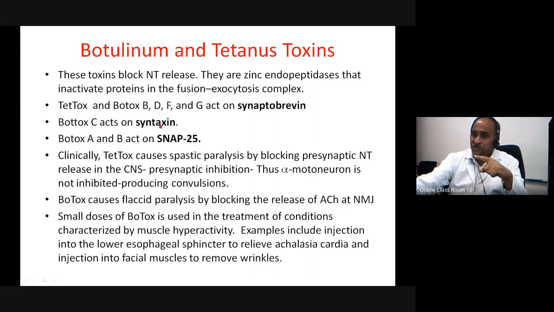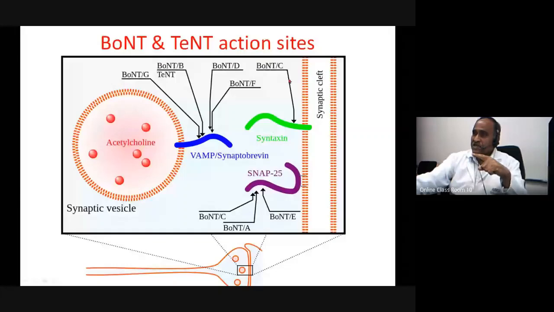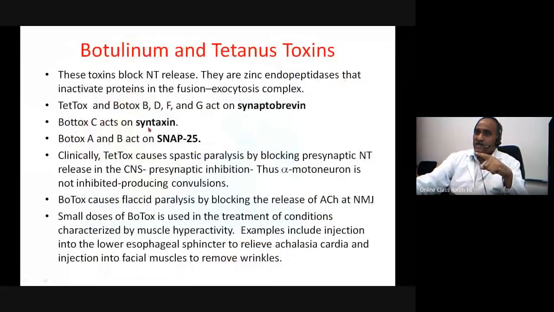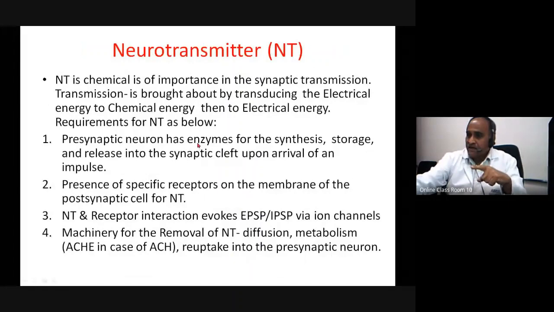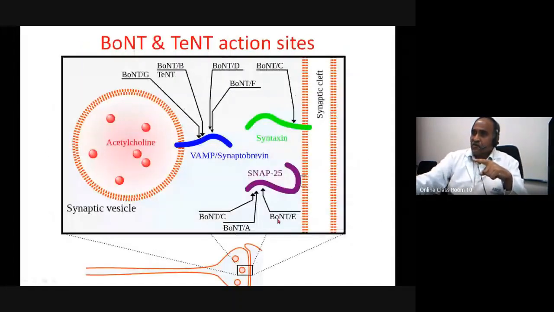You can just go back here, Botox C here. This is Botox C. Then Botox A and E act at SNAP25. You can just see that this is Botox A, C, and E. So they are at SNAP25.